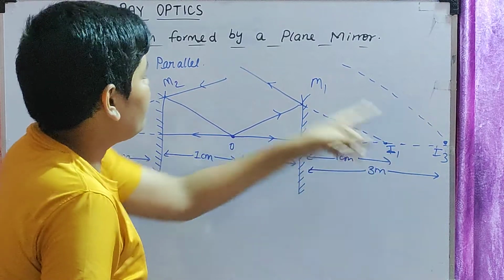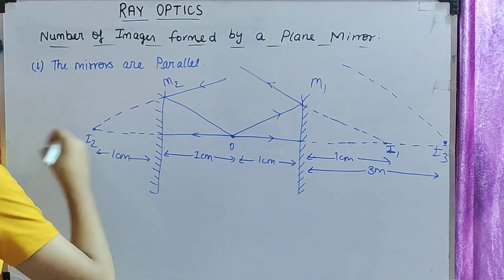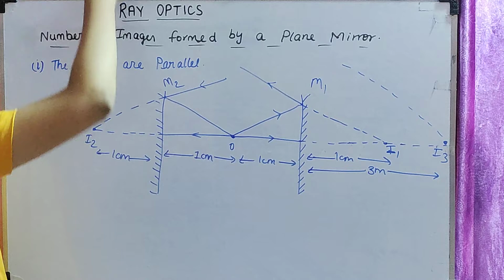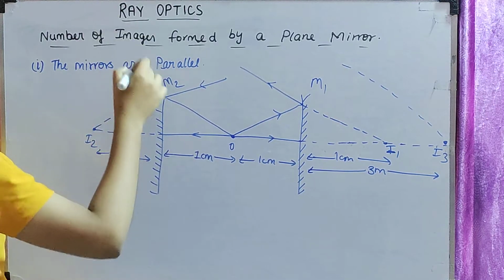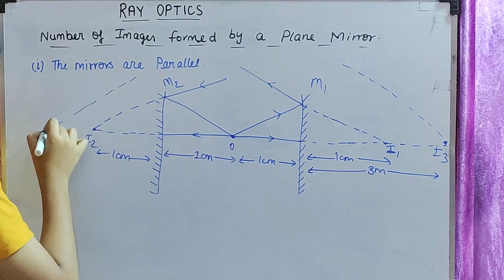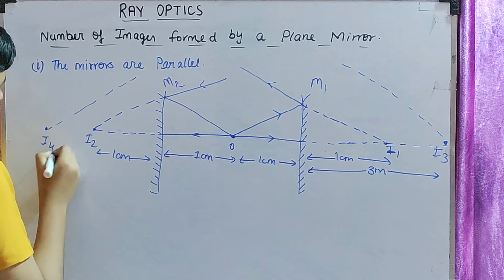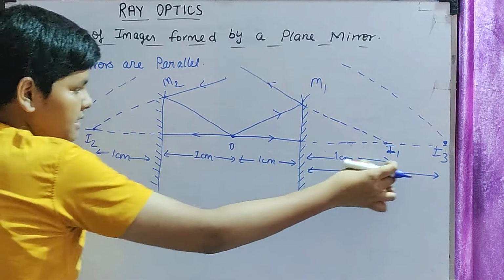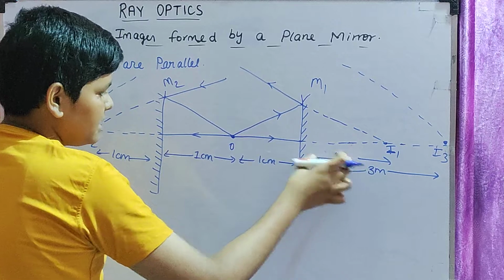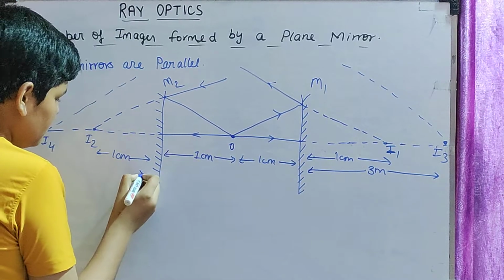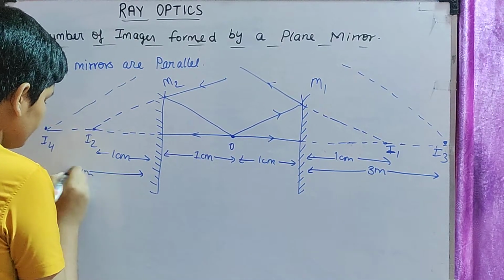So for I3 it will form an image over here. One line will come like this, one line at very high, there will be a mirror over there. From there it will reflect back and come over here. This will form I4. So 1 centimeter, 1 centimeter, 1 centimeter. This will be 3 centimeter.